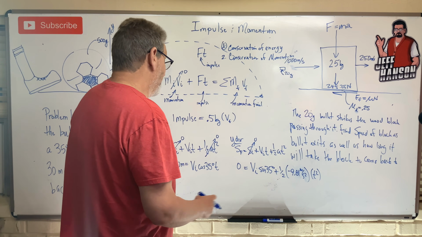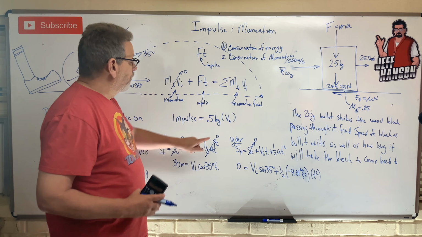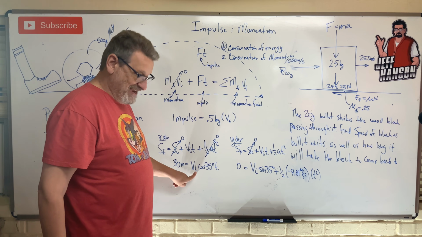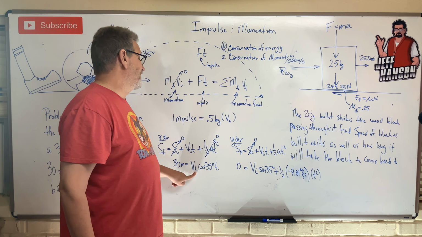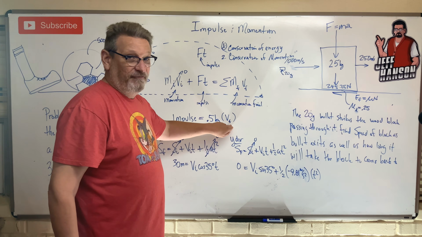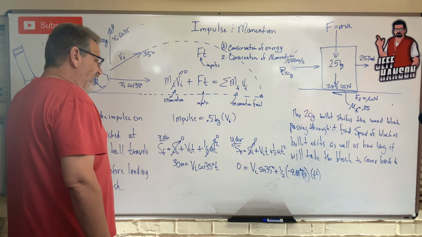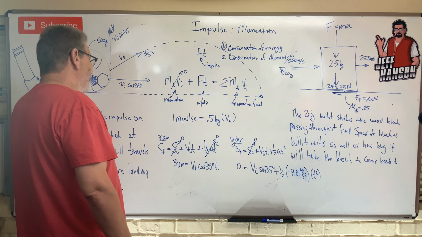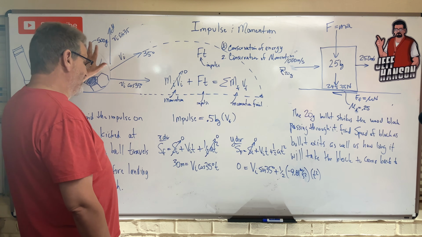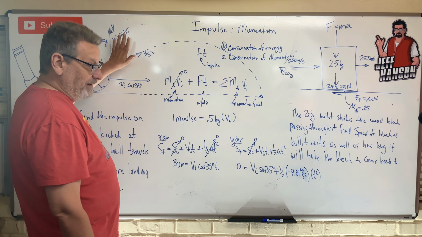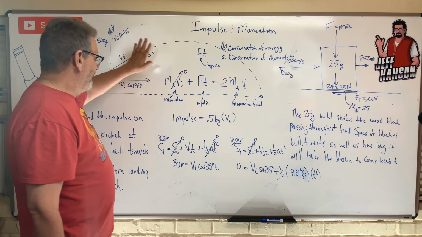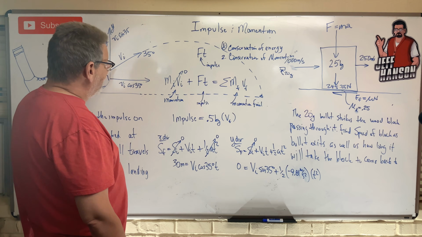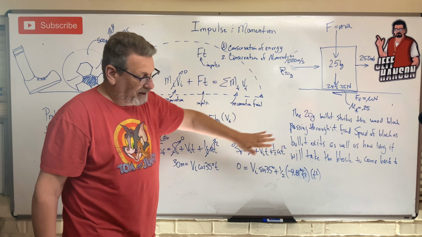Cool. Now, should you be concerned that we're looking for v final here, but we have v initial here? The answer is no, because the velocity is what it is just as the impulse is over with, right? The final velocity once the impulse has been applied is the initial velocity for the projectile motion part, right?